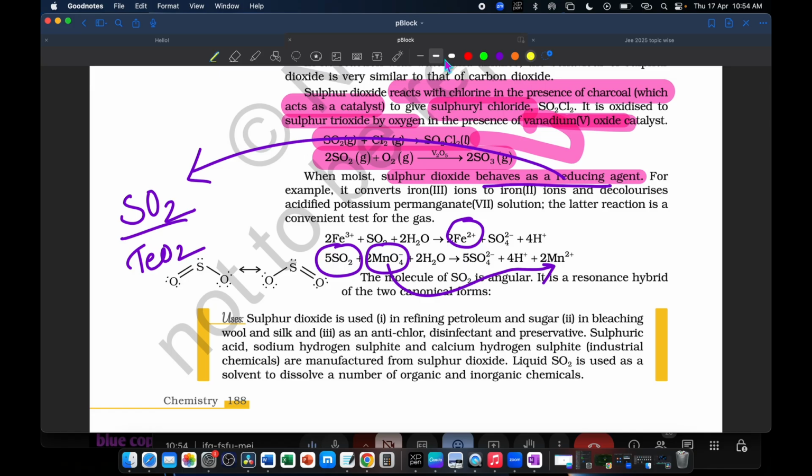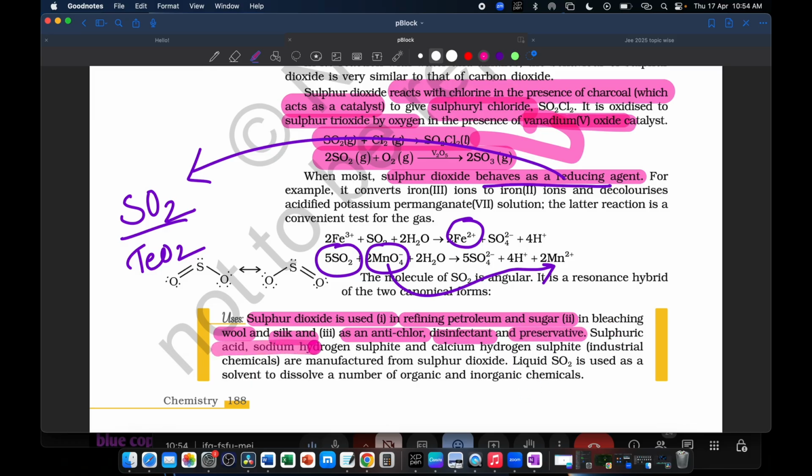So let us take a look at the uses of sulfur dioxide. Sulfur dioxide is used in refining petroleum and sugars, in bleaching wool and silk, and as an anti-chlor. Removal of chlorine is anti-chlor. It is also used as a disinfectant and preservative.